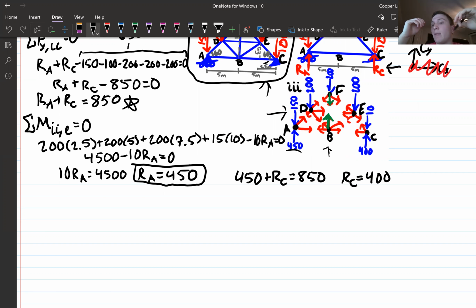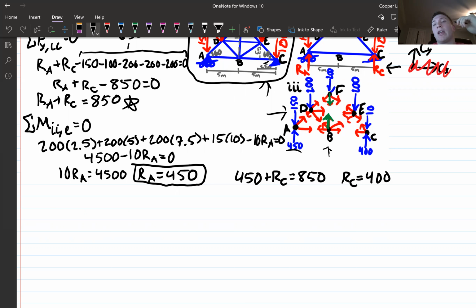Now, I'm using the method of points when I do this. And when I do the method of points, I like to assume everything is in tension. While I'm aware that it is possible that many of these could be in compression, I like to assume all of it's in tension because it's just a standard that I can go for. I could also easily assume all are in compression. However, I learned tension first. So that's just the way I like to do it.